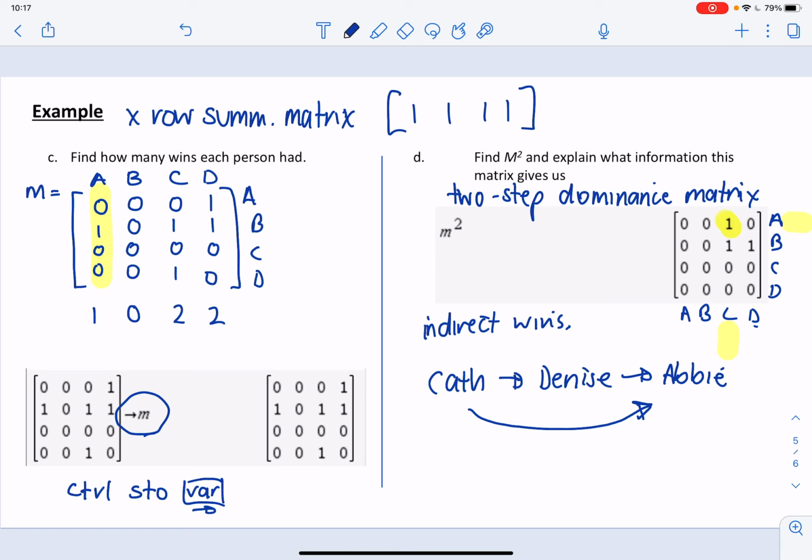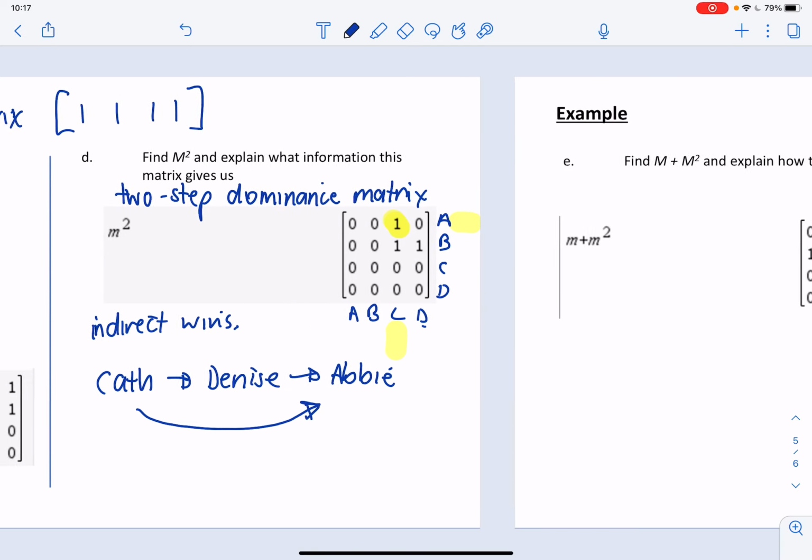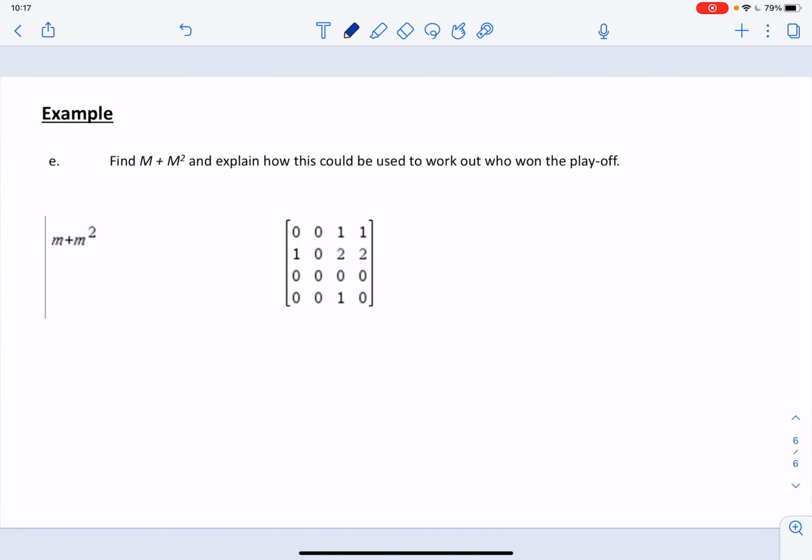All right, part E. Getting ahead of myself or falling behind, whichever. Find the M plus M squared and explain how this could be used to work out who won the playoff. So remembering that M is our direct wins. So for example, I'm going to put some examples here. Who did Kathy beat?